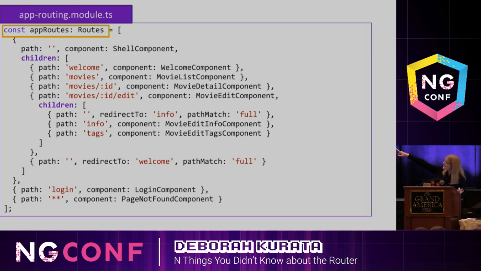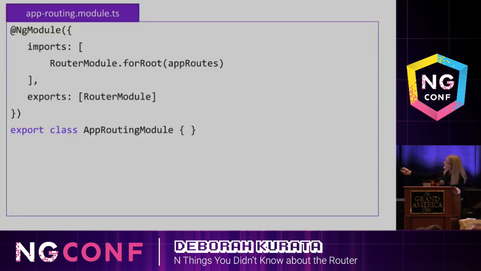So now I have two sets of children, one that's going to route into the shell component and another further down that's going to route into the movie edit component. That allows me to have a tabbed edit dialog, as you might have noticed on the prior slides. Okay, so then our NgModule decorator looks much simpler. We just define our constant there, and that makes that easier to read and work with as well.